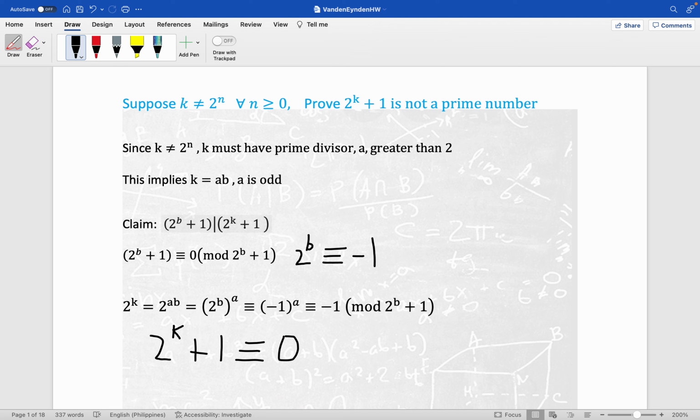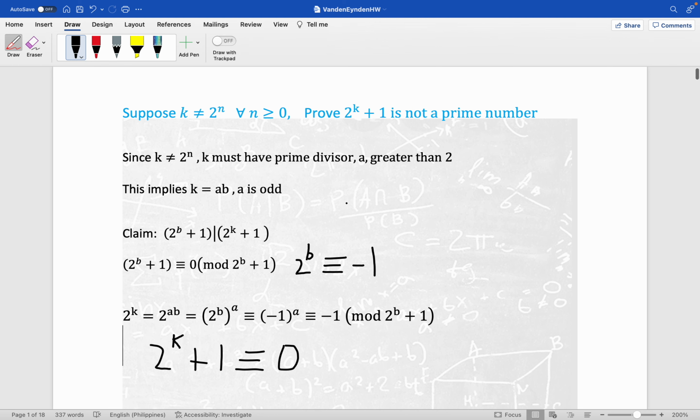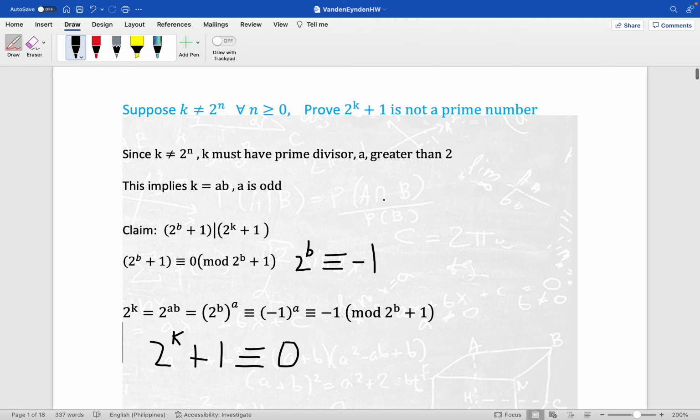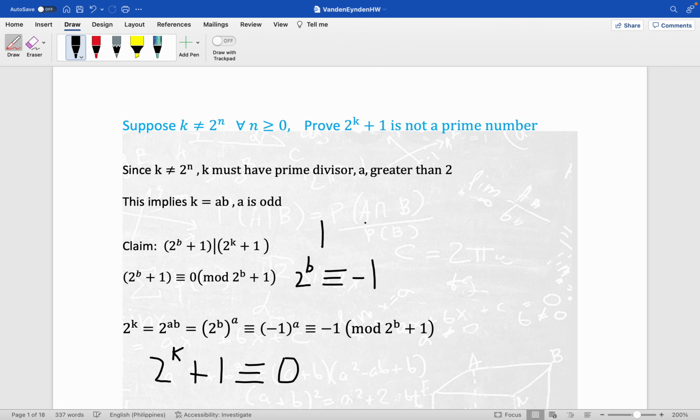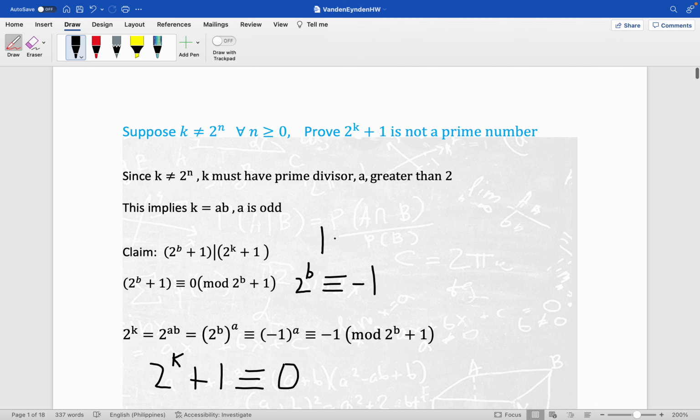Now, it does even more for us. Since ab is greater than b, we get that 1 is less than 2 to the b plus 1, which is less than 2 to the k plus 1.